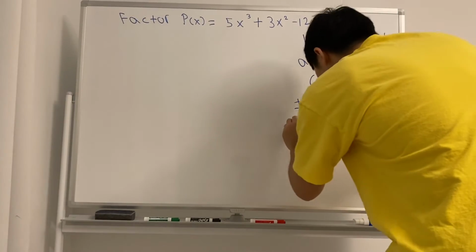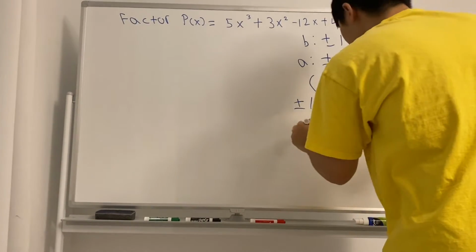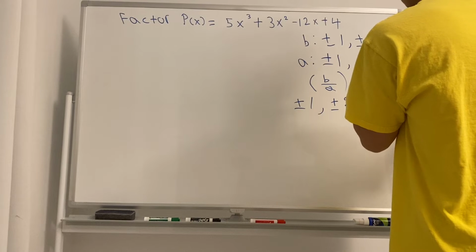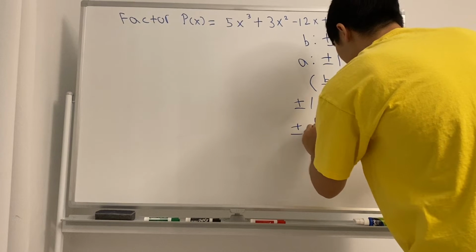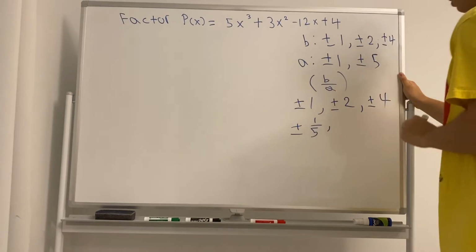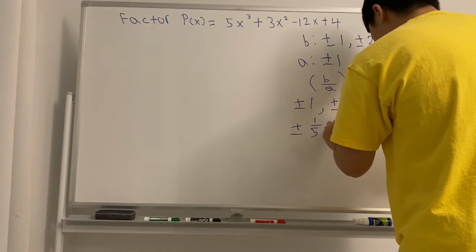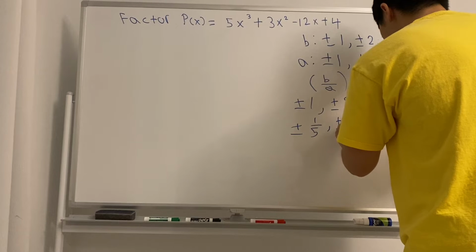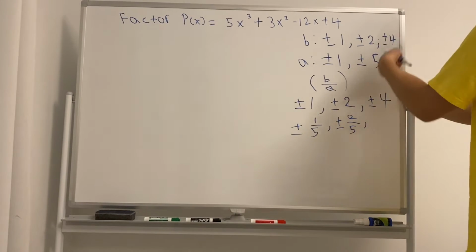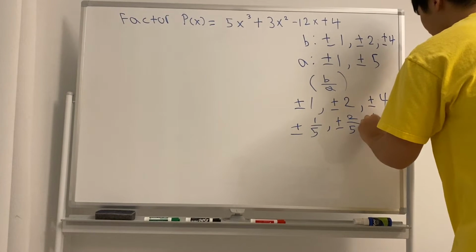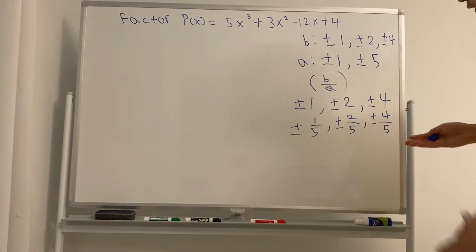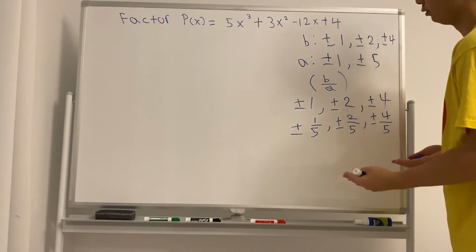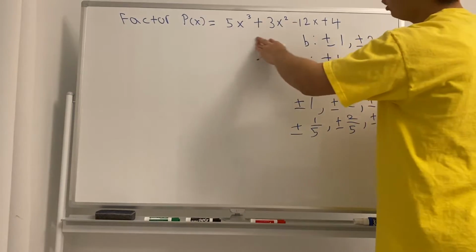So it's going to be plus or minus 1 over 5, plus or minus 2 over 5, or plus or minus 4 over 5. So these are the possible factors of what can make this polynomial equal to 0.